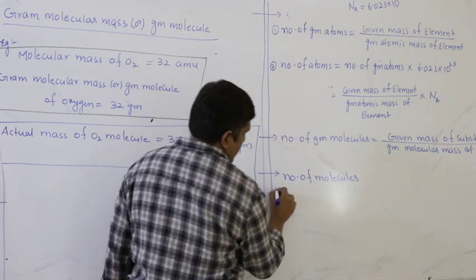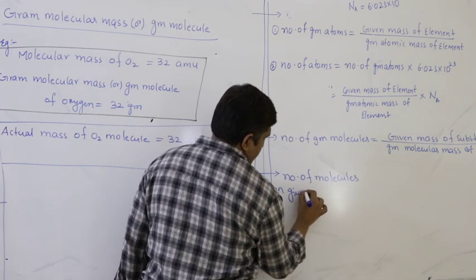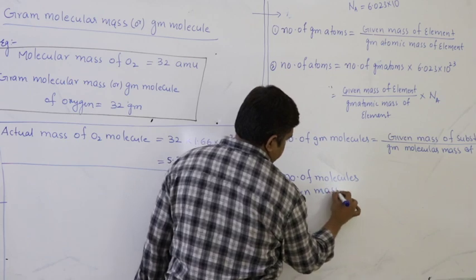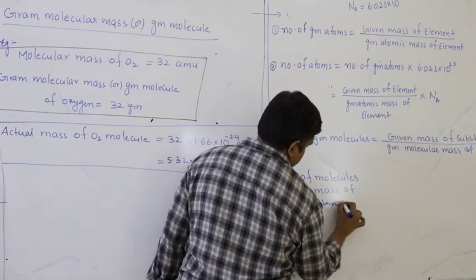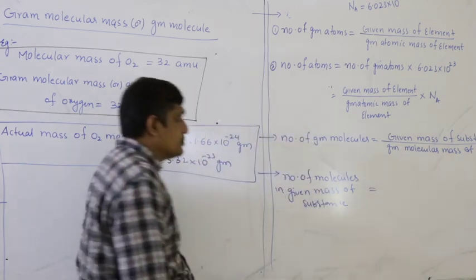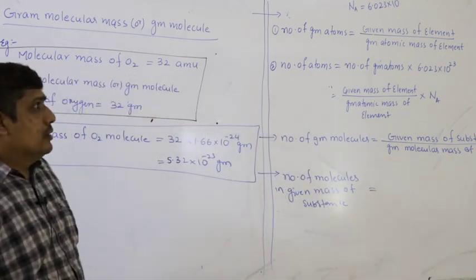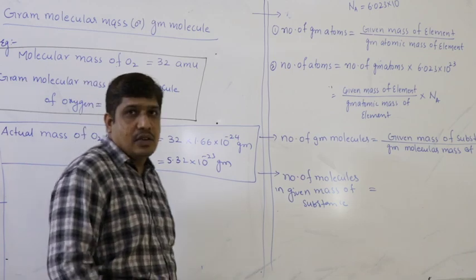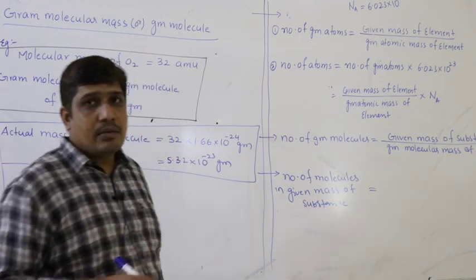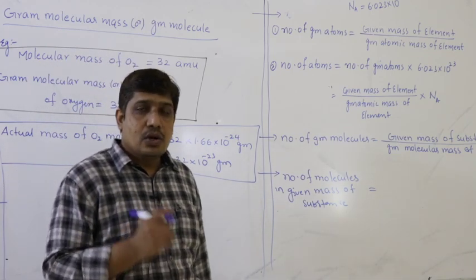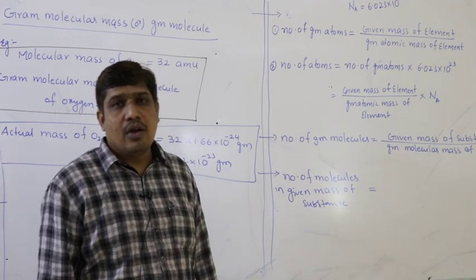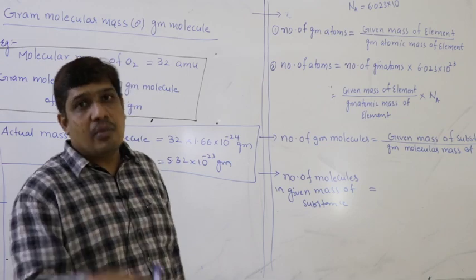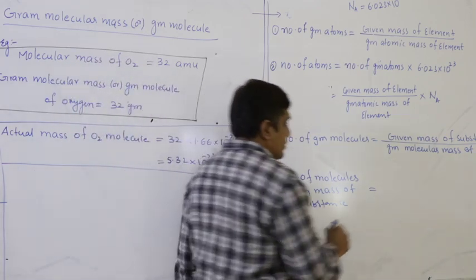Number of molecules in a given mass of a substance: see, 1 gram molecule contains Avogadro number of molecules, 2 gram molecules contain 2 into Avogadro number of molecules. So simply, number of gram molecules into Avogadro number.